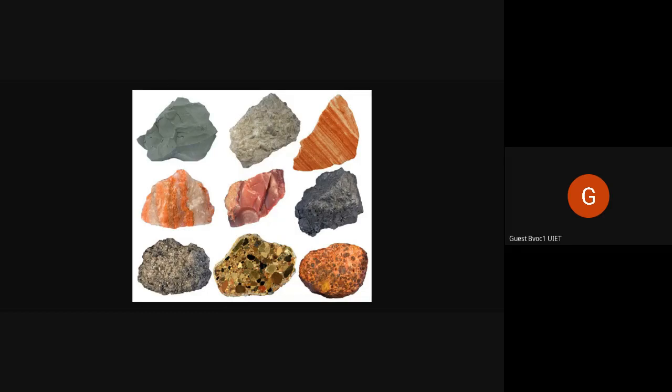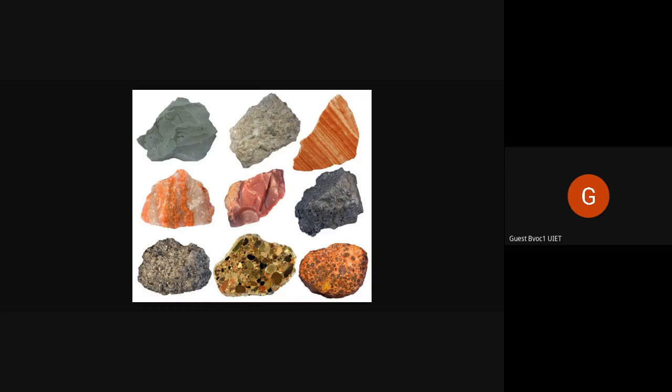Then you have metamorphic rocks. Metamorphic rocks are formed because of the transformation of existing rock into new types of rocks, meaning metamorphism. Metamorphism is a combination of two words, and morphism means turning one thing into another, the process of change.